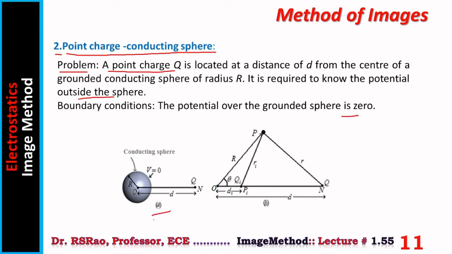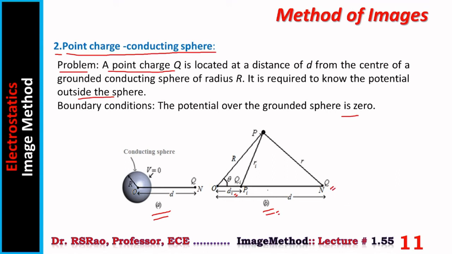In A is shown the original configuration. In B is shown the equivalent configuration. In the equivalent configuration, the original configuration sphere is replaced by a point charge Qi, and it is located at a distance of di from the center of the sphere over a line connecting source charge q with the center of the sphere O. Therefore, the equivalent configuration consists of 2 point charges.